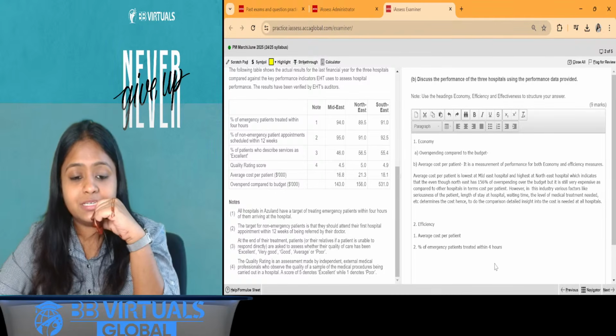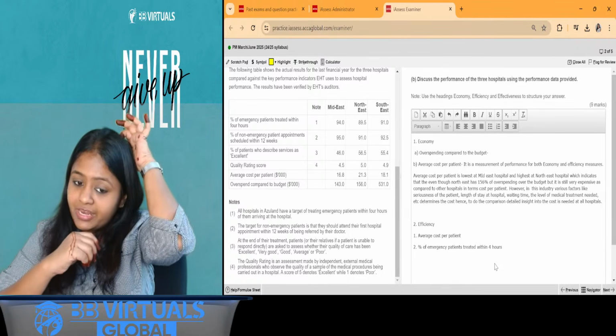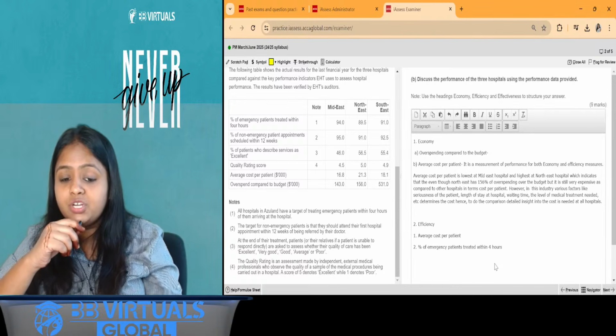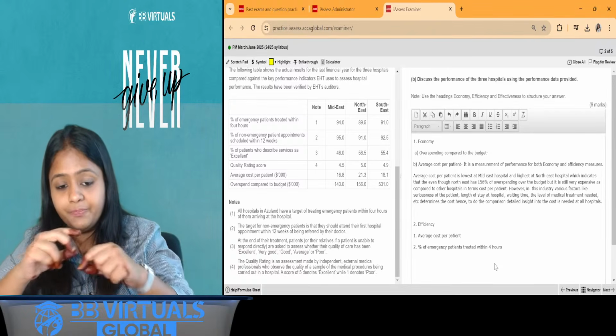The third pointer is, like you all also mentioned, very good, the percentage of emergency patients' appointments scheduled within 12 weeks.